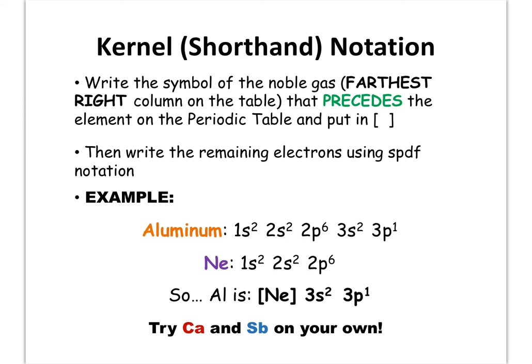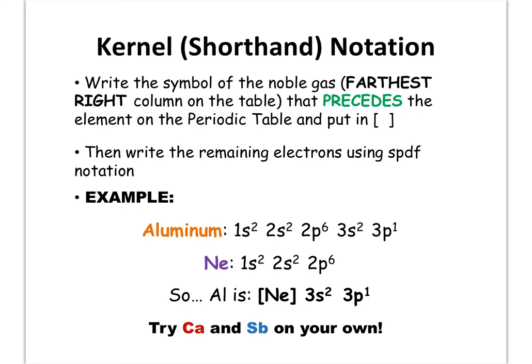So you put the symbol of the noble gas that comes before the element you're doing in brackets. Then the next thing you do is you write the remaining electrons that are left for the element in SPDF notation. So for example, if you were writing out the SPDF notation for aluminum, this is what you would write out: 1s2, 2s2, 2p6, 3s2, 3p1.